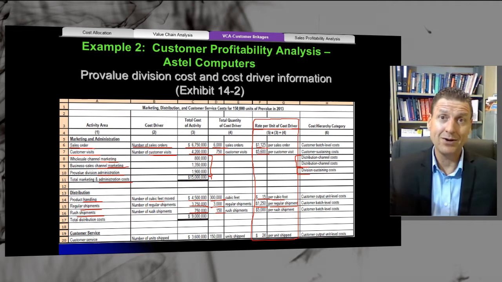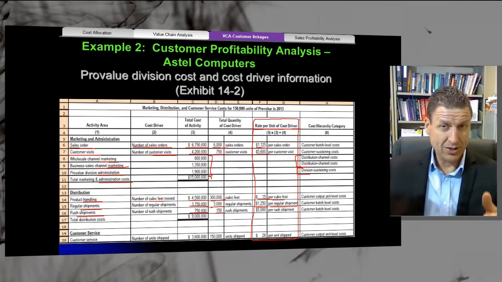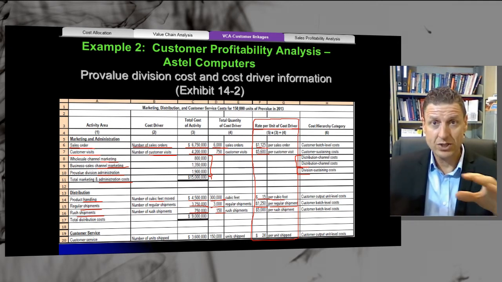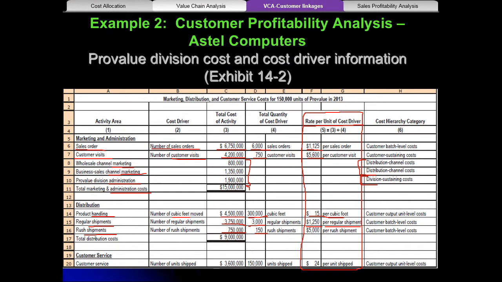I want it now, or I'm going to another vendor to supply me. Okay, so let's rush it, but that's going to cost you money. You may have to resequence your whole ordering, your whole logistics chain, and that's going to cost you money. That's where that 750,000 comes from. We divided by 150 of those incurrences, so we get $5,000 per rush shipment.